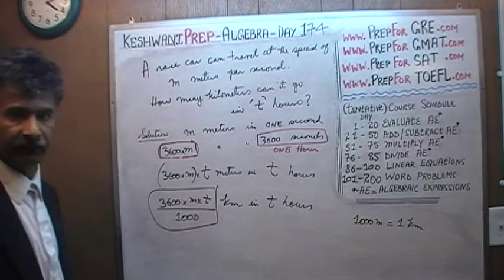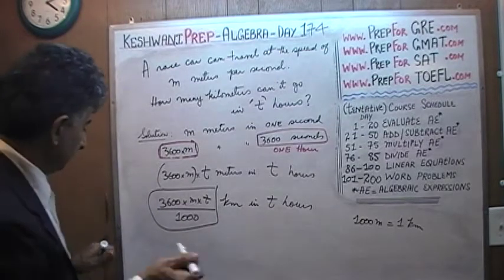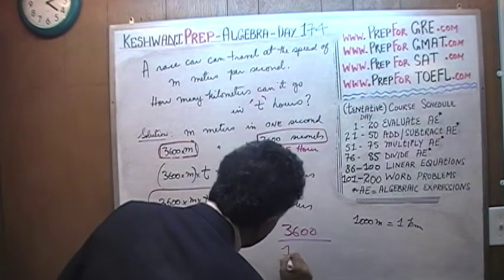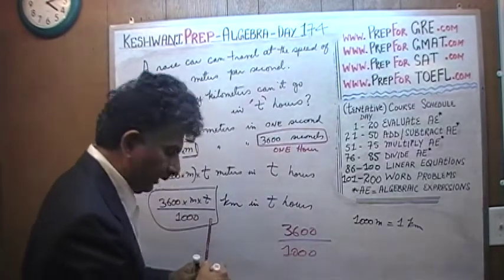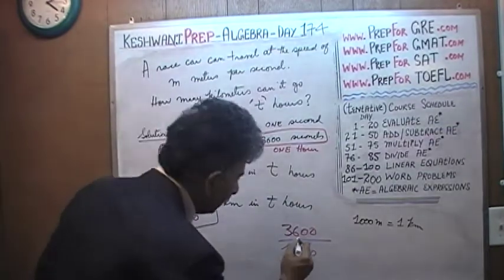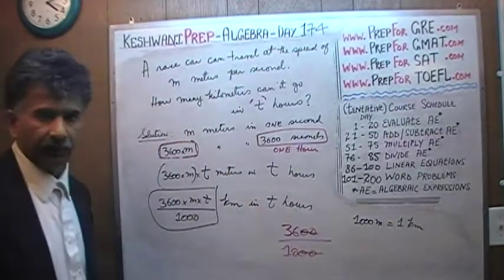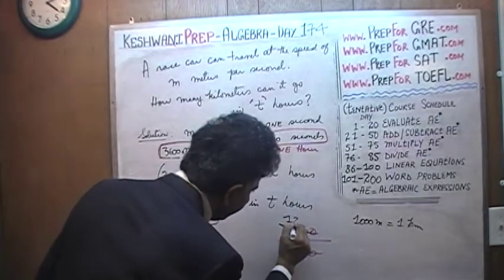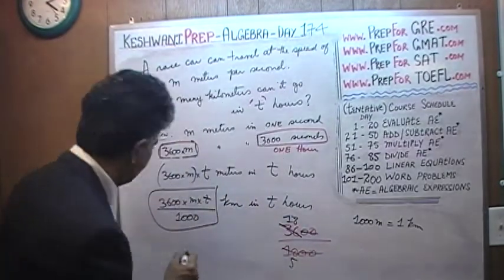We just have to simplify this thing. It's very straightforward, very simple. 3600 divided by 1000. If you were to divide top and bottom by 100, we can get rid of the two zeros. Divide top and bottom by 2 again, 36 becomes 18, and 10 will become 5, that's all.